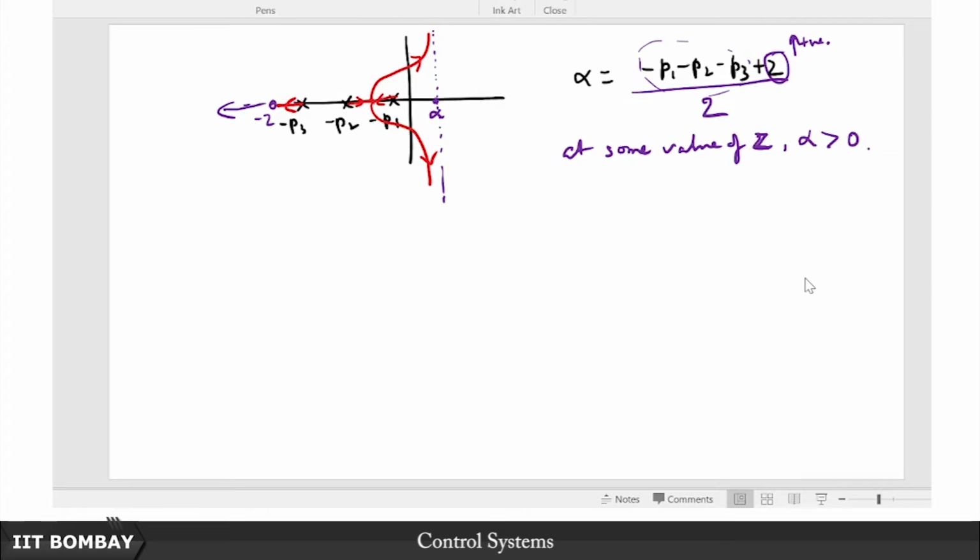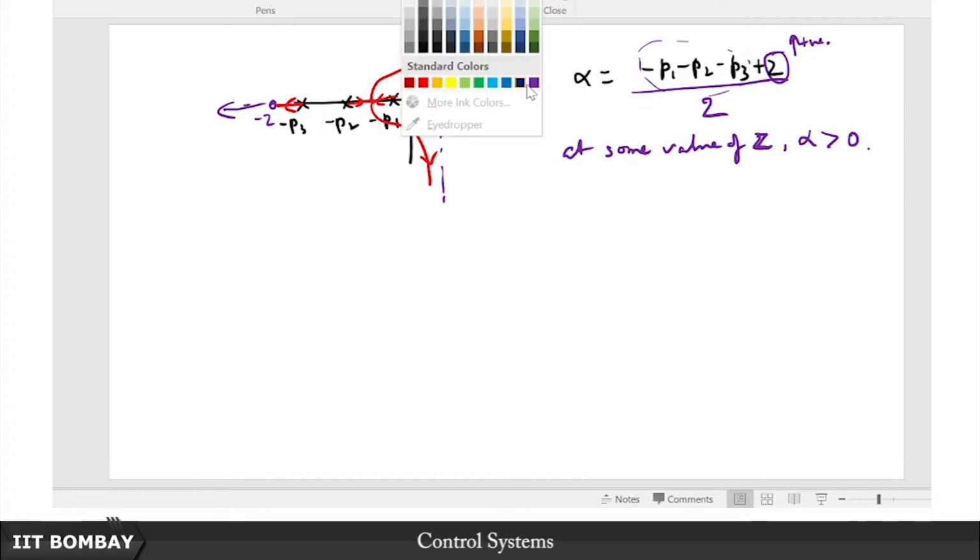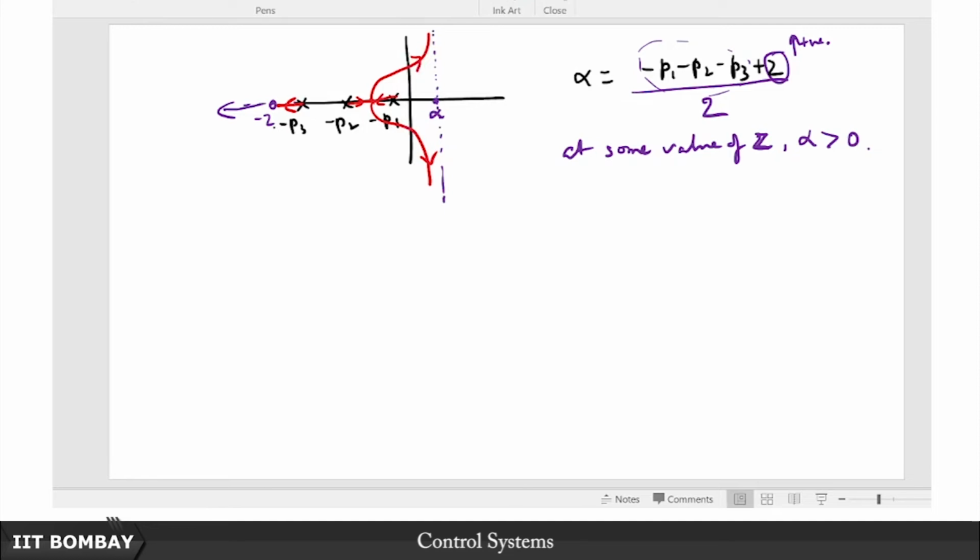Now there's another way of seeing this, which helps even if you've forgotten the centroid formula. Suppose there are 2 potential locations of this zero, say z, and then you've shifted it to here, say z dashed, minus z dashed. With z, suppose this is a point on the root locus.